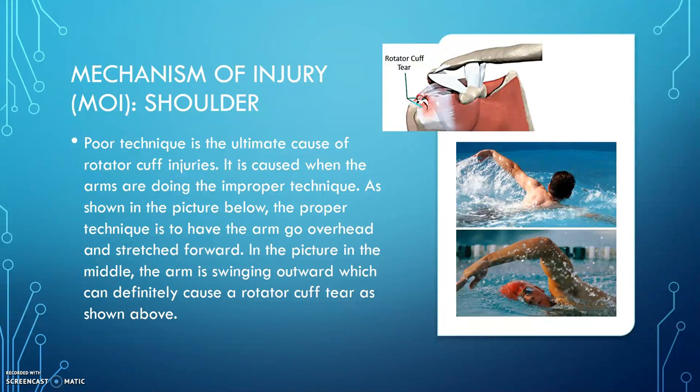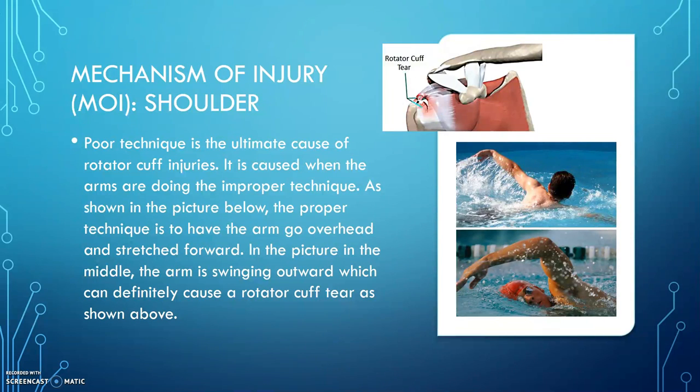Mechanisms of injury in the shoulder. So as you can see with the top picture, that's the rotator cuff tear. In the picture below the rotator cuff tear, that is a swimmer doing an improper stroke. So when you take your arm and you just swing it around, that's not a common movement that can be used when we're just walking around or everyday living, so that's going to cause some problems when you just swing it.